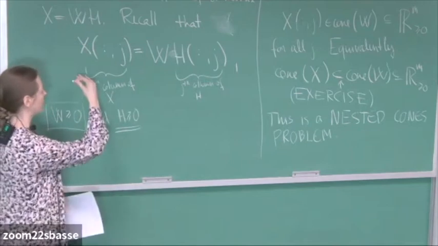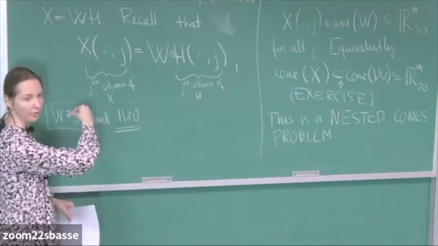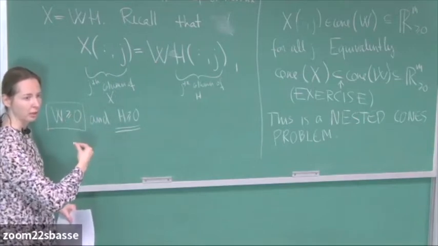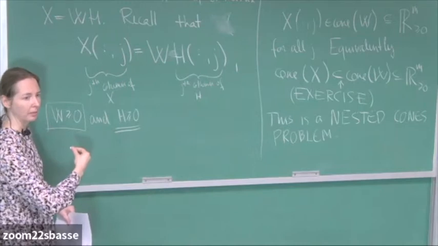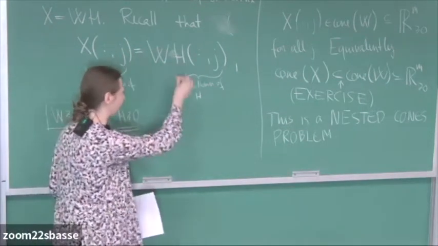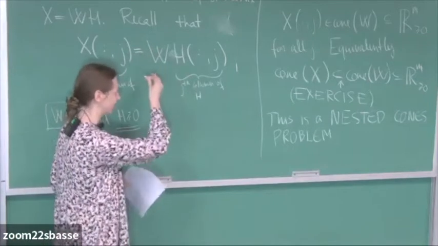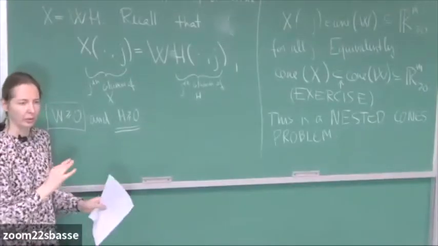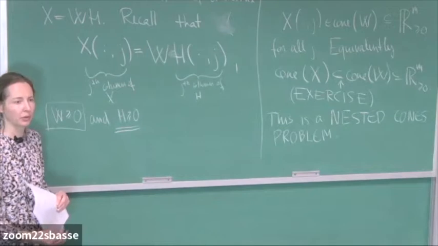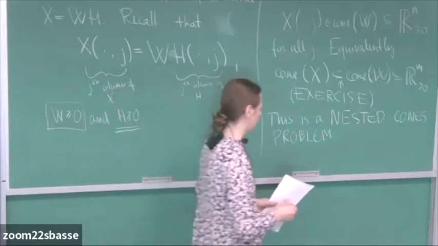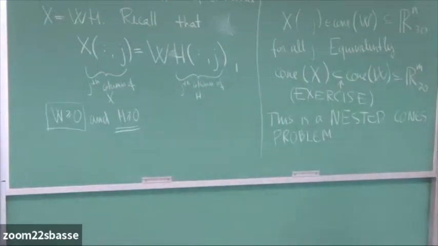We could do it symmetrically, that we consider the rows of X, and then we could consider the cone of the rows of H. And then we get something very similar. This is true. So we do it with W because this is a choice we make, but you're completely correct. We could do it symmetrically for H, but then we have to consider the rows. So when we talk about H, we will consider the cone of rows of H. Exactly.